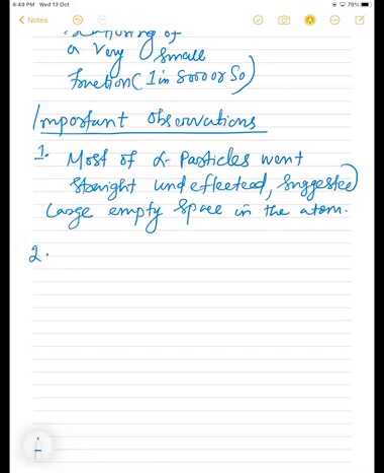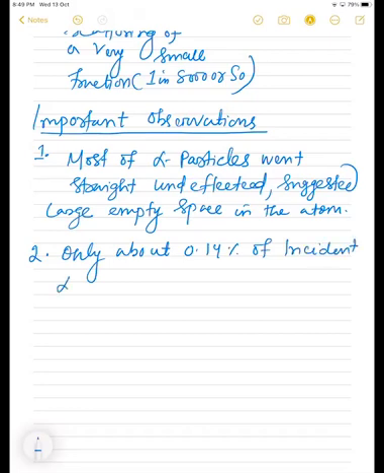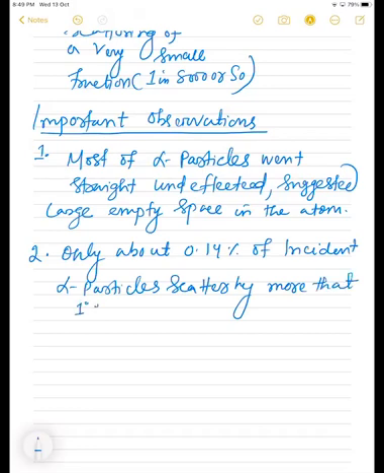Next, second observation, that only about 0.14% of incident alpha particles scatter by more than 1 degree, okay?